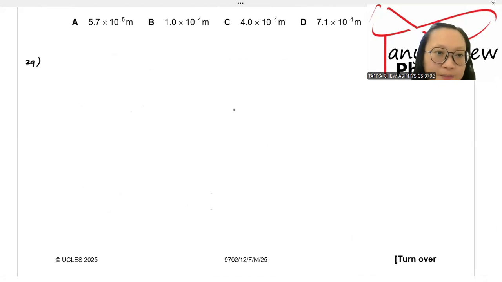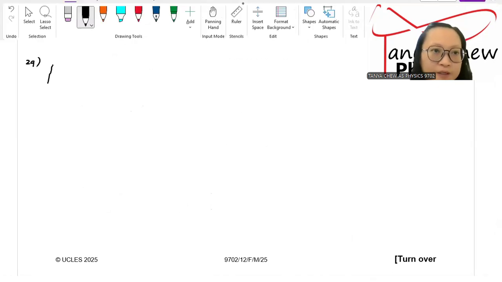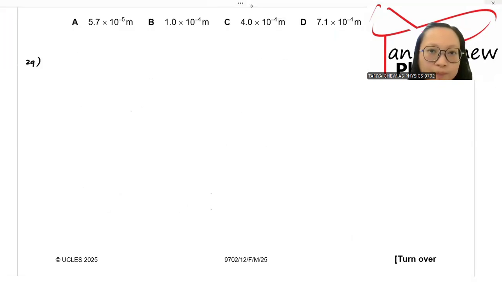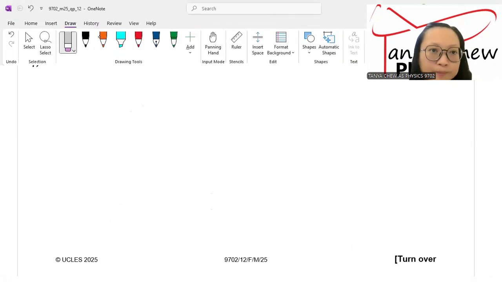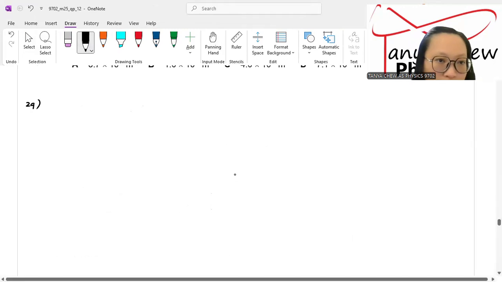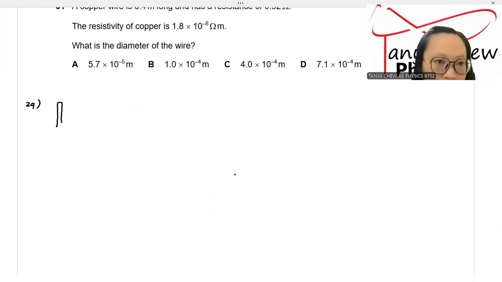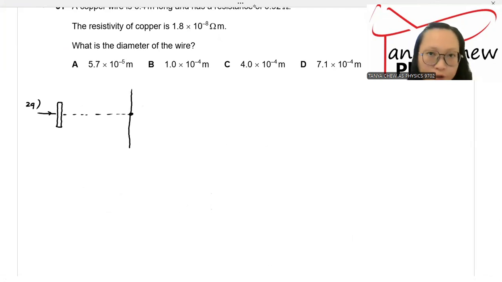So you see, this is my diffraction grating. I draw it like this. And this is my light, and then this is a screen. This is called the undeviated beam or zero order.